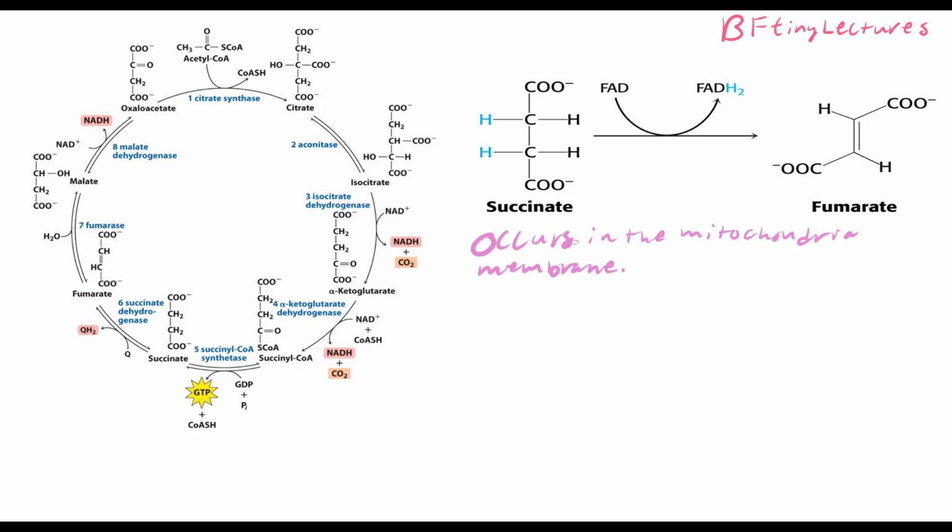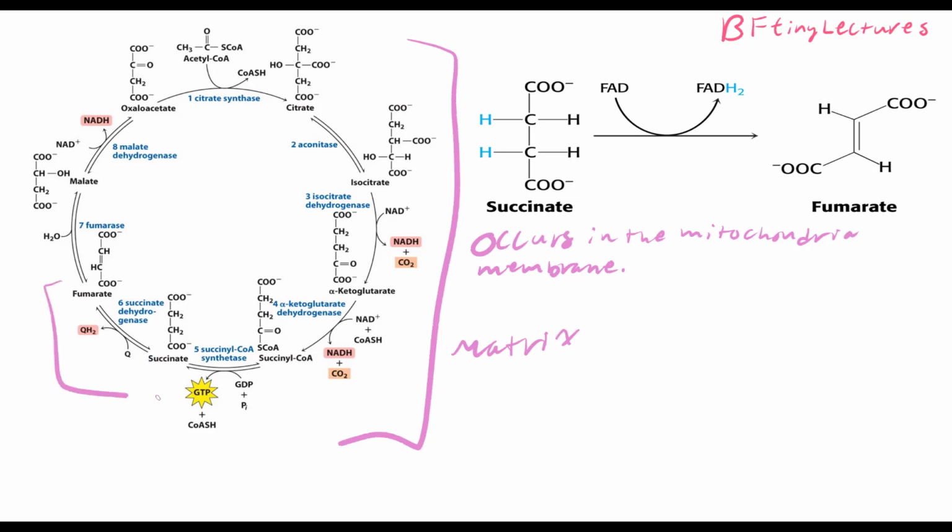You're probably saying, well, Brian, where do the other processes occur? Well, these guys actually occur in the matrix, and this occurs in the membrane. Of course, everything occurs in the mitochondria, so don't worry about that.